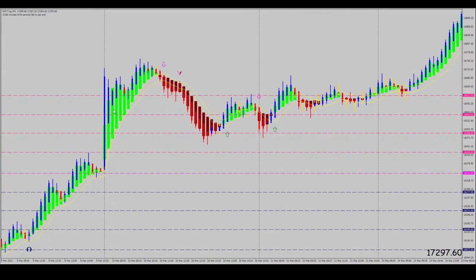This is an acceptance of the level, and subsequently multiple continuous bars started trading above the supply 4 level. And then this is going to be your re-entry level.